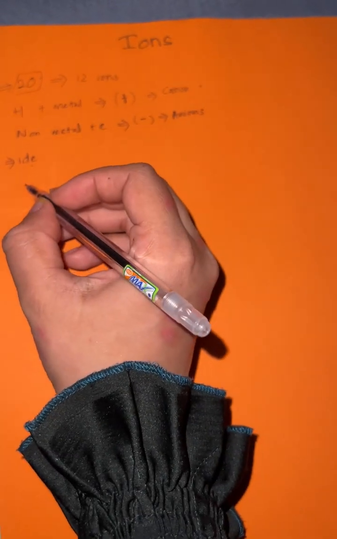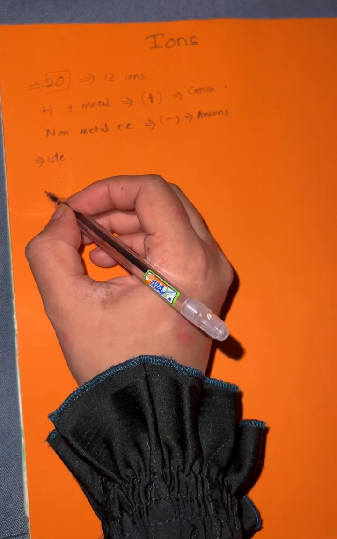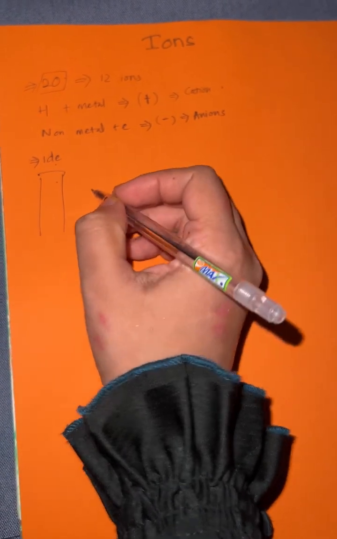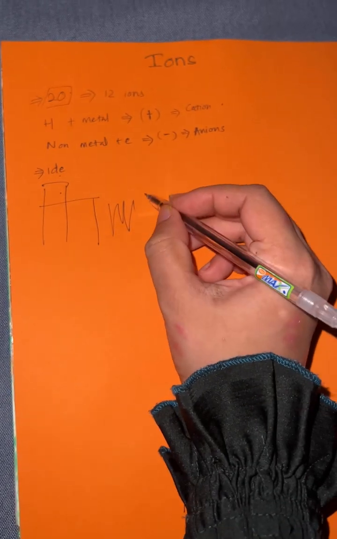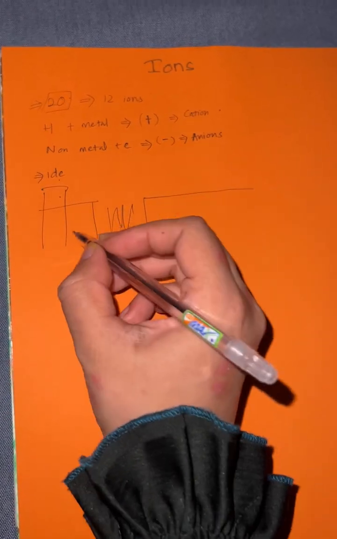In the periodic table you also need to know this. I'm just drawing a rough periodic table. We have the transition block here, which we don't consider.